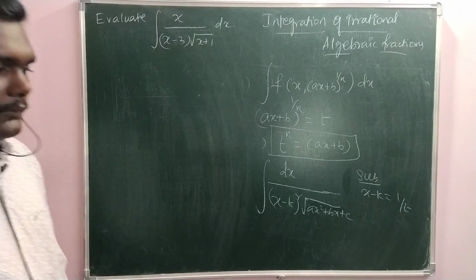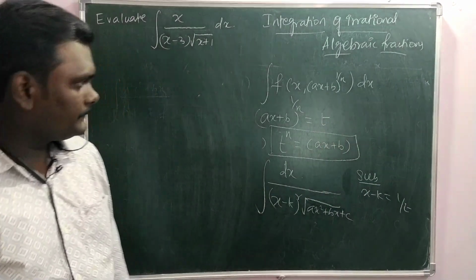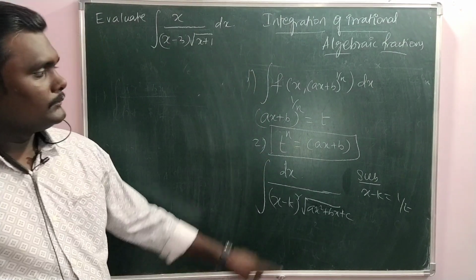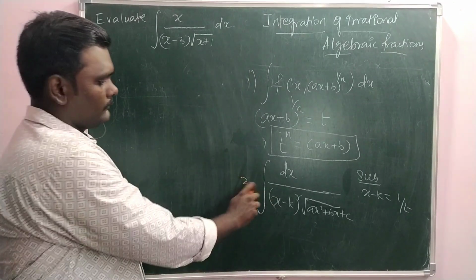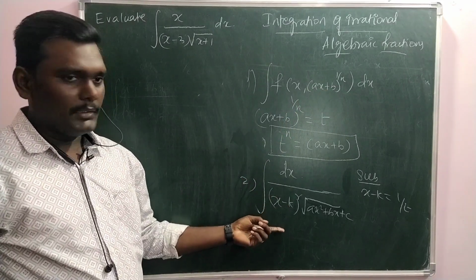Now this is of what format? Is this format 1, 2 or 3? Sorry, this is 1, this is 2. Is this of the second format? x minus k is equal to 1 by t, like we can substitute.